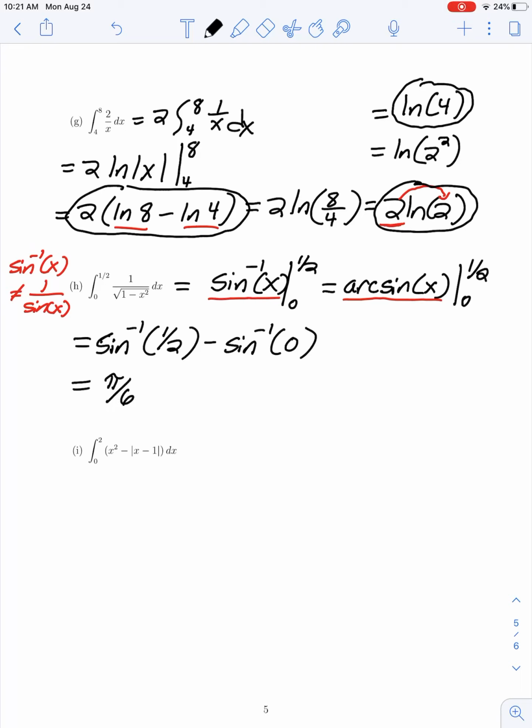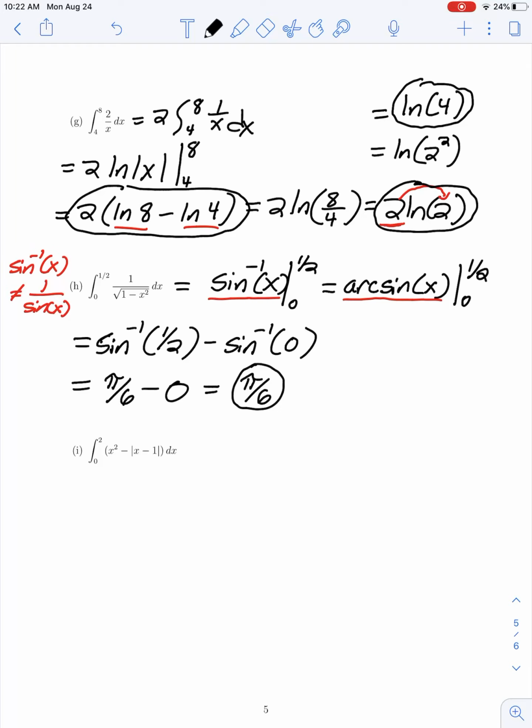Sine of pi over 6 is 1/2, so arc sine of 1/2 is pi over 6. Minus, here we have arc sine of 0, which is 0. Since sine of 0 is equal to 0, we know that arc sine of 0 would be 0. So we're left with simply pi over 6. So a little review of a function which has an inverse trig function as its antiderivative.